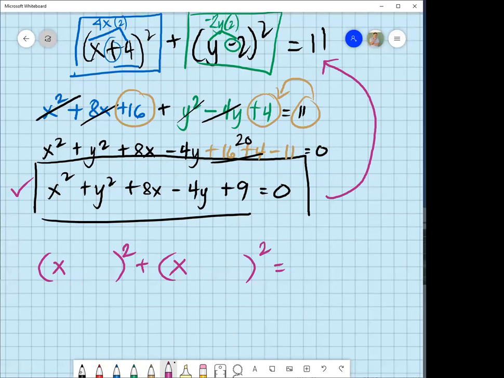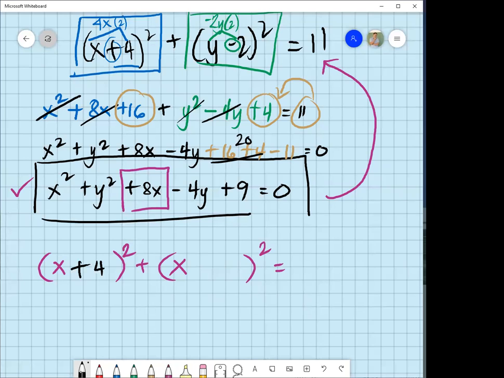To get the partner of x, we need to focus our answer on the 8x, the x term. All we have to do is to get the half of that number. What's half of 8? Type the answer in the chat box, please. What is half of positive 8? That's positive 4, right? Plus 4. Got it? Okay.